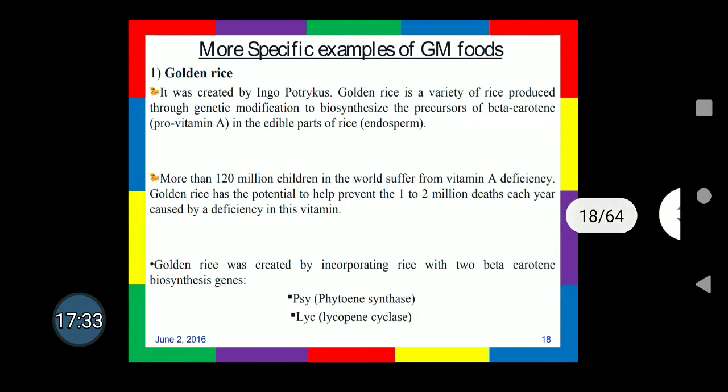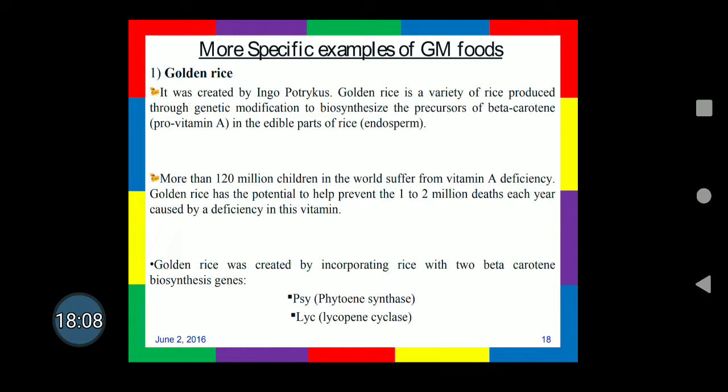More specific examples of genetically modified food include, first, golden rice. From the name itself we can identify it is gold in color because of the presence of provitamin A. It was created by Ingo Potrykus. Golden rice is a variety of rice produced through genetic modification to biosynthesize the precursor beta carotene, that is provitamin A, in the edible parts of the rice.